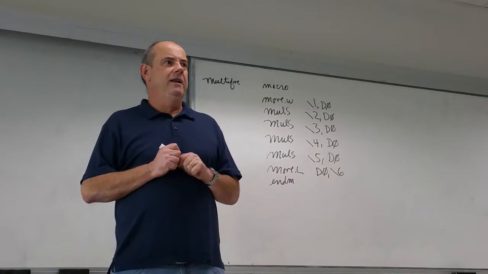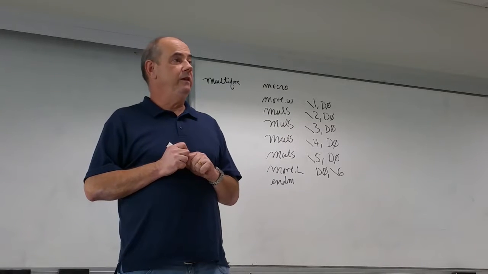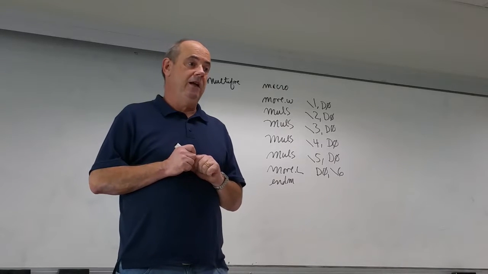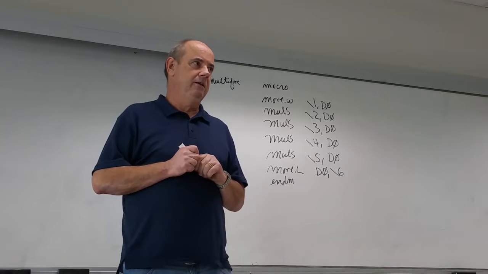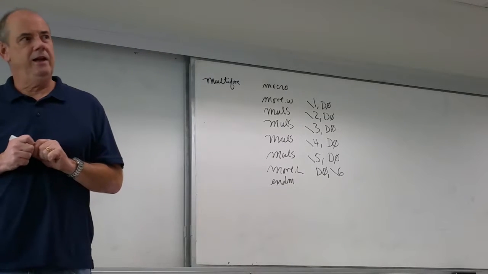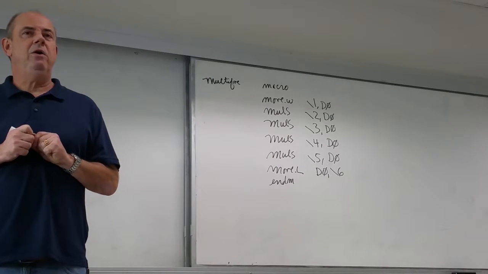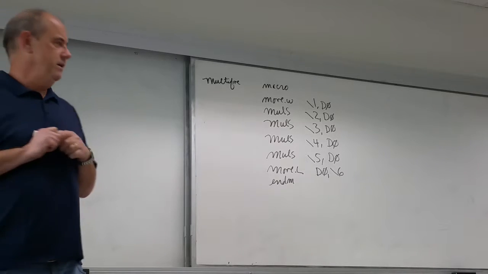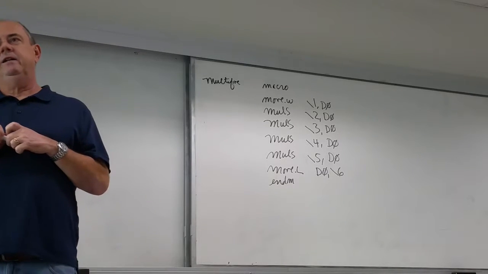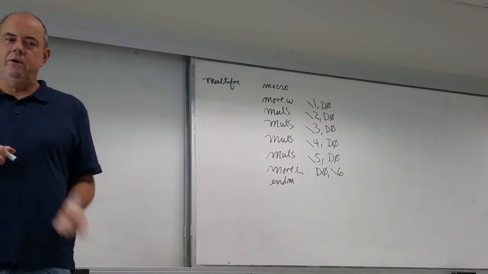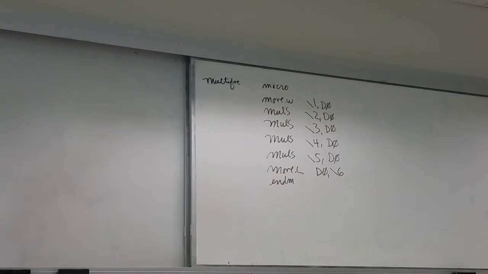Okay, now you're going to have to remove this code from the source. Okay, so you're going to take it out. So you're going to go somewhere else and start and keep going till you find what? An opcode equal to ENDM. Exactly. So when you go, what are you going to do?